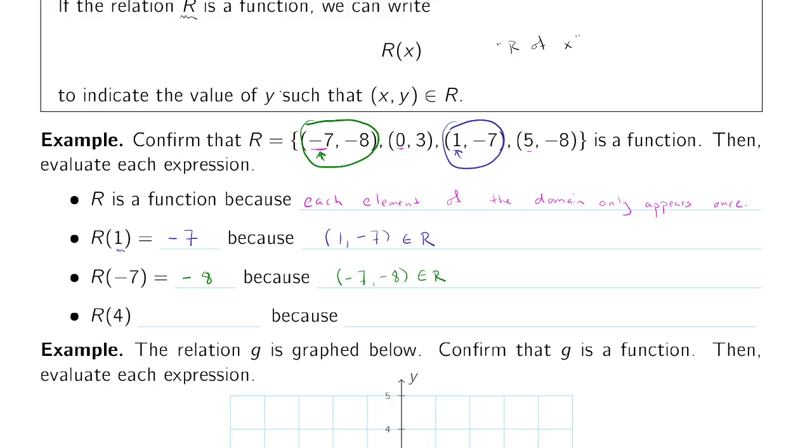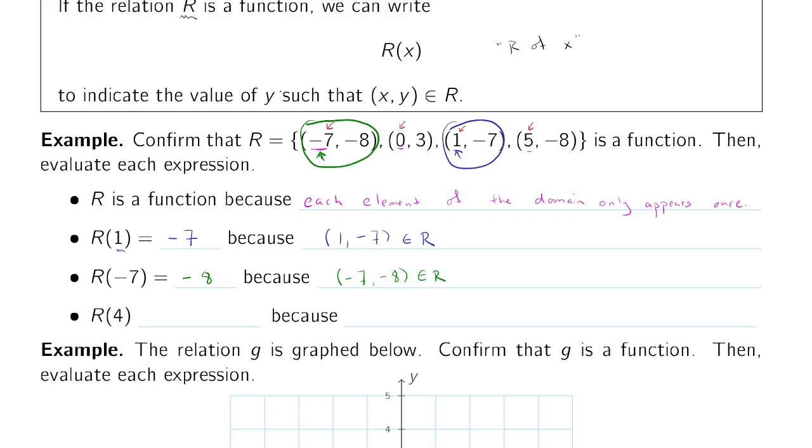Okay, last one. Here's something weird. We're asked to find R of 4, but looking at all of our first entries, none of those is 4.